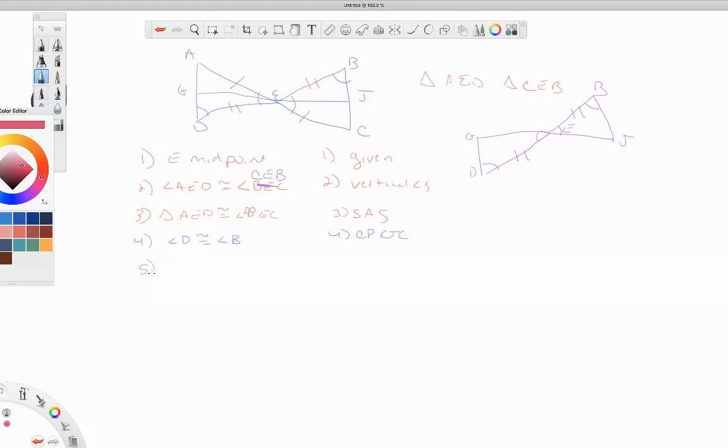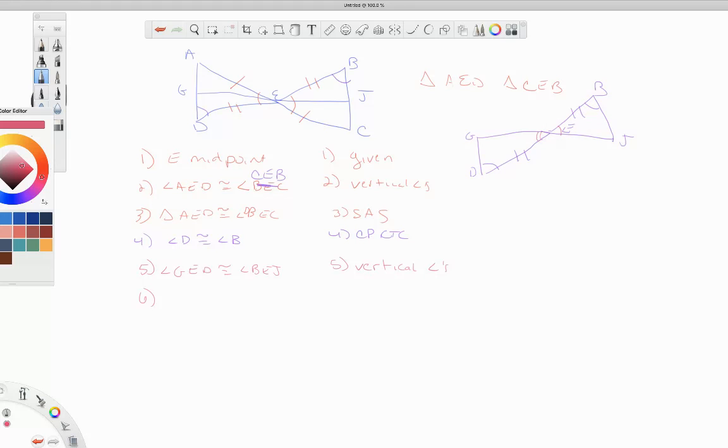So I can say that angle GED is congruent to angle BEJ because they are vertical angles. Now, if I look at these two triangles by themselves, they have the same tick marks, don't they?